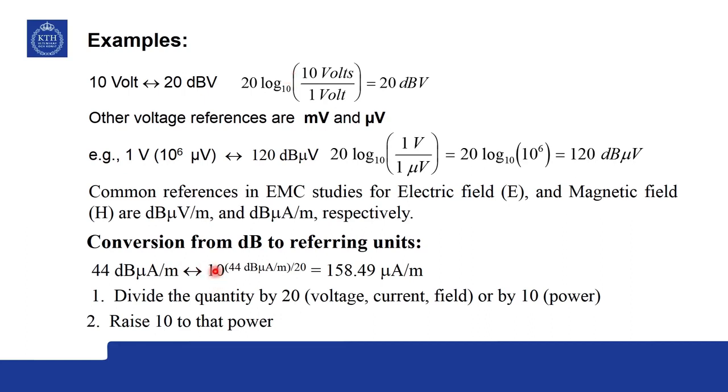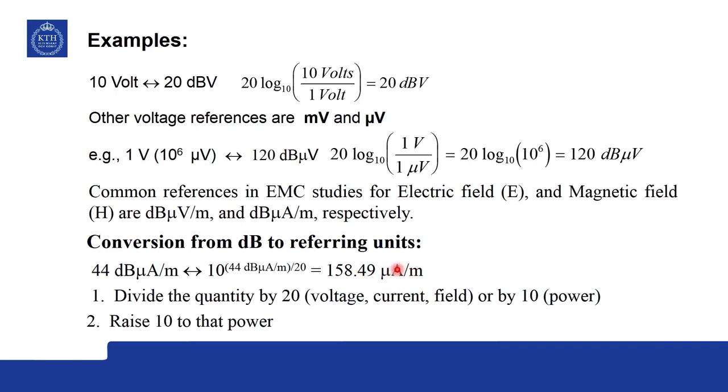So, it is 10 to the power of 44 dB microampere per meter. Since it is magnetic field, we know that its definition is 20 log. So, that divided by 20, 10 to the power of that will give you 158.49 microampere per meter.